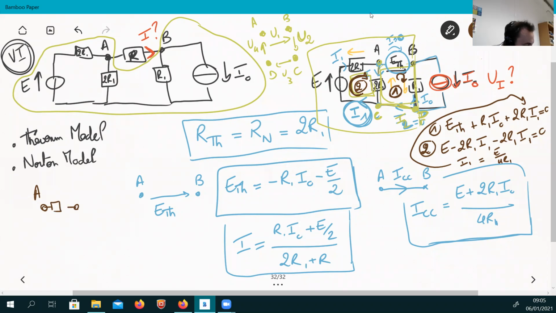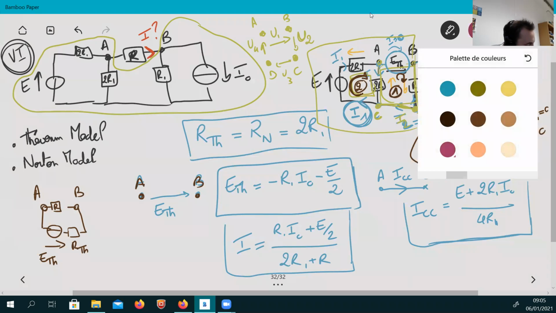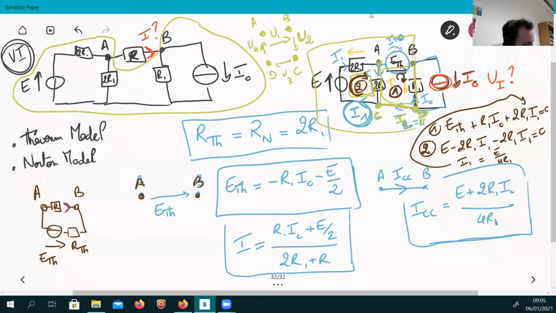So now you have your load R between A and B. You plot your Thevenin model between A and B. ETH is, in my case, like this because I was looking for ETH between A and B, same direction, and I'm looking for the current flowing through A and B, which is the current here.